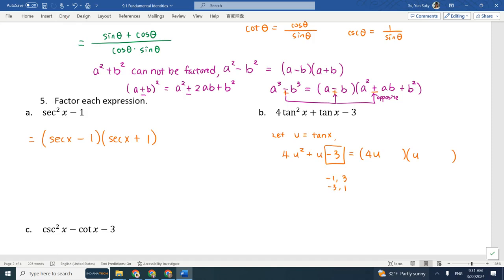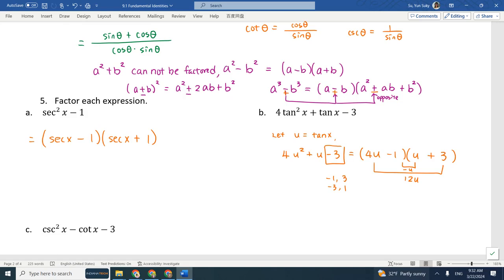Okay, let's try. If we put -1 here and 3 here, let's see if this works. So we multiply the outside. We get what? 12u, and you multiply the inside, you get -u. And when you add them, what happens? It's 11u.